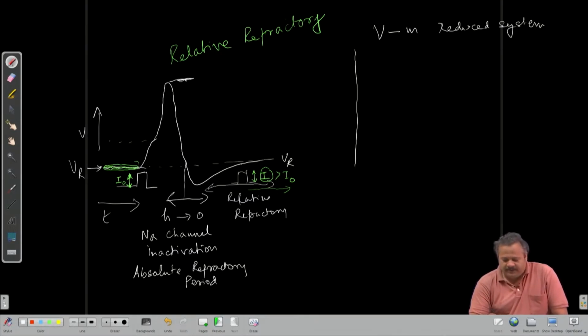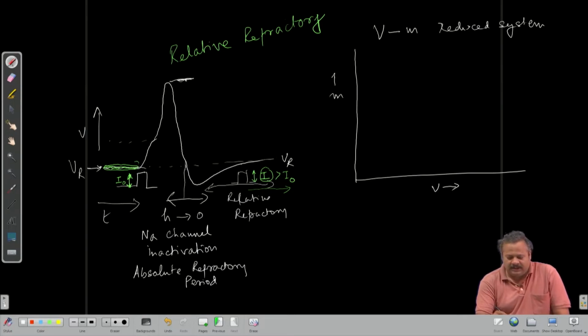So, if we draw the phase plane here, that is, we have V on this axis and M on this axis.